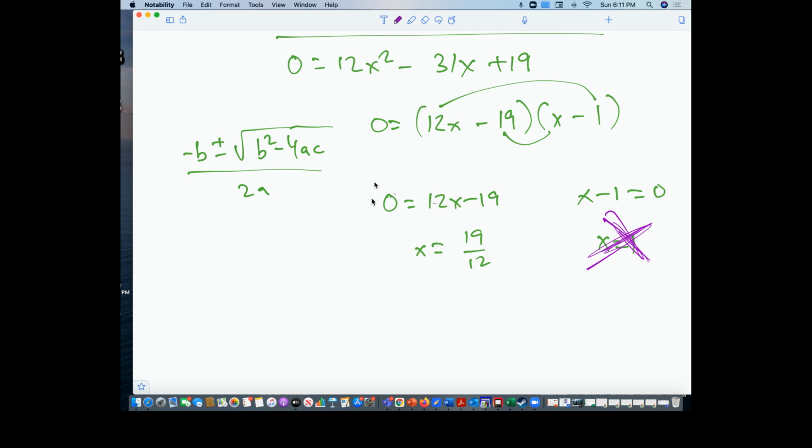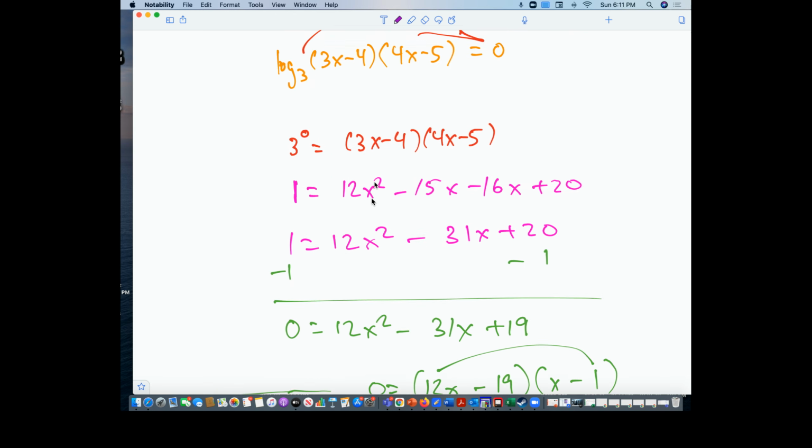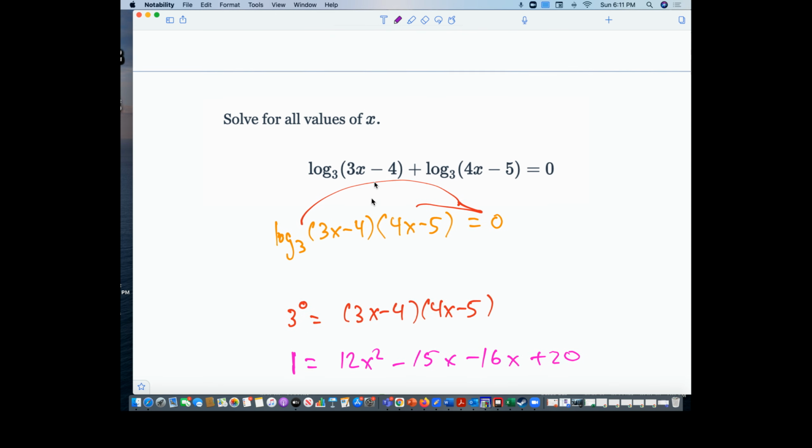And 19 over 12. So if we do this, 3 goes into 12 4 times. So this is 19 over 4. Well, 20 over 4 is 5, so this is 4 and a little bit, which means this is positive. Over here we have 4 times 19 over 12. These divide out, and this gives me 3.